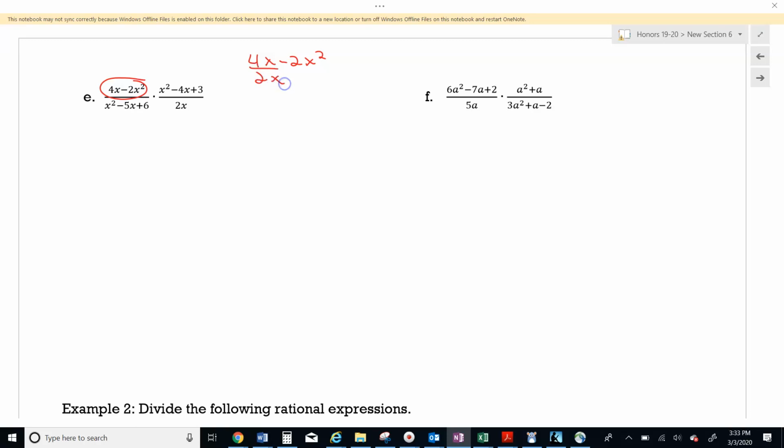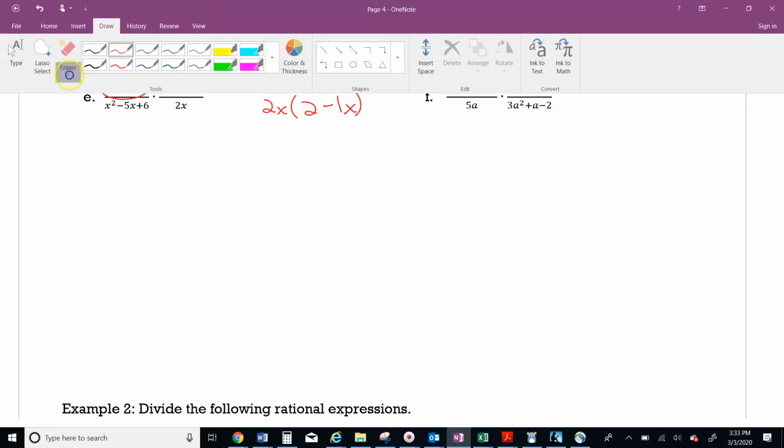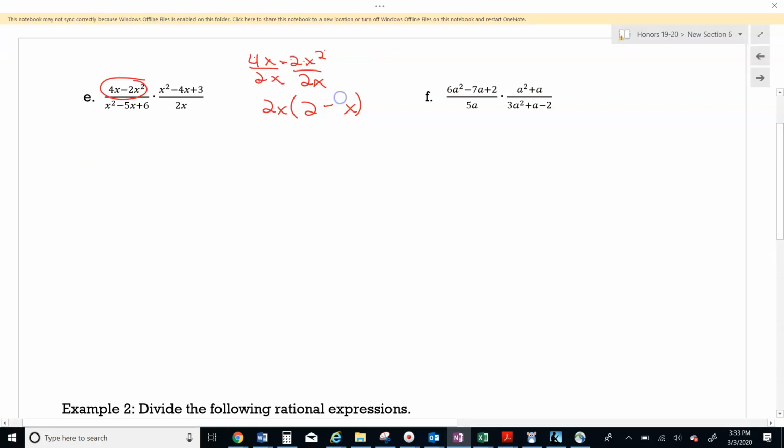So I'm going to take 2x out of both of these. The 2x, remember, goes on the side. 4x divided by 2x is 2. Negative 2x squared divided by 2x is negative, well, 2 divided by 2 is 1x, or just minus x. So it's 2 minus x. Okay. Remember, we do not have to put this 1 here.